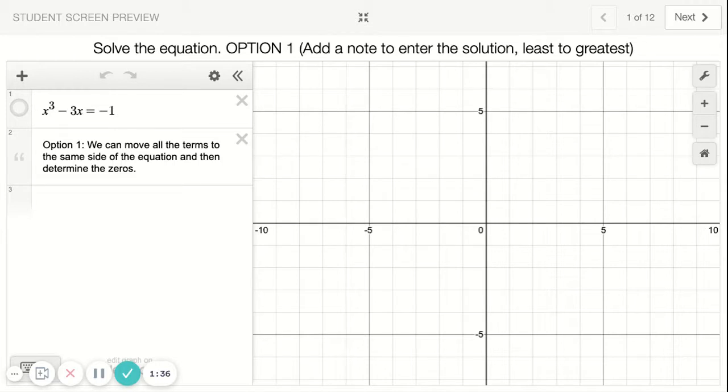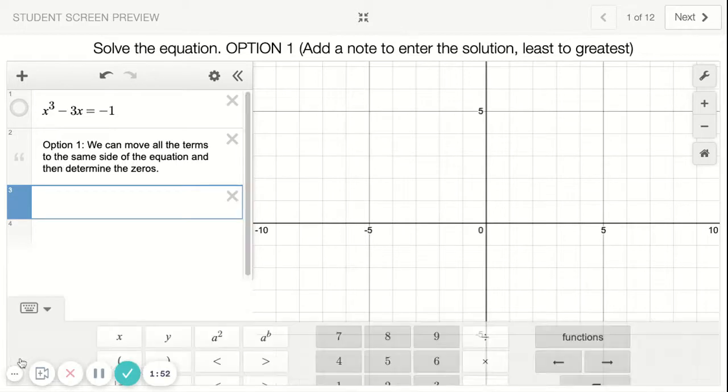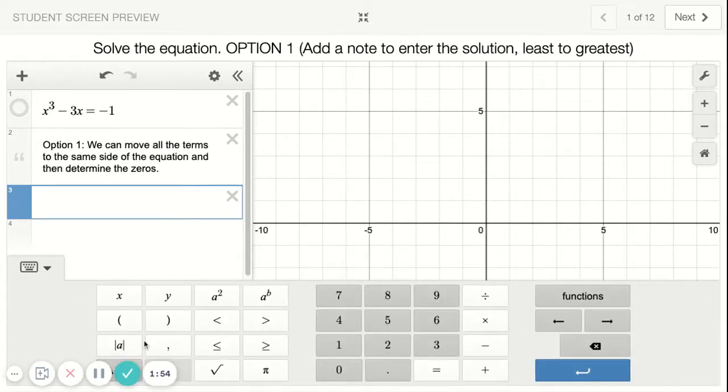Second step is to graph the polynomial. So on the third line here, I'm going to click on my screen and type in that polynomial.